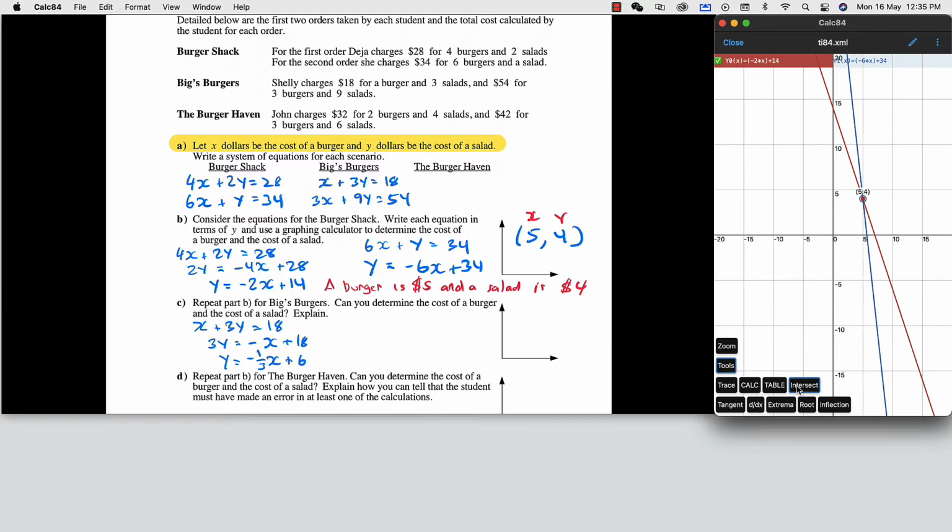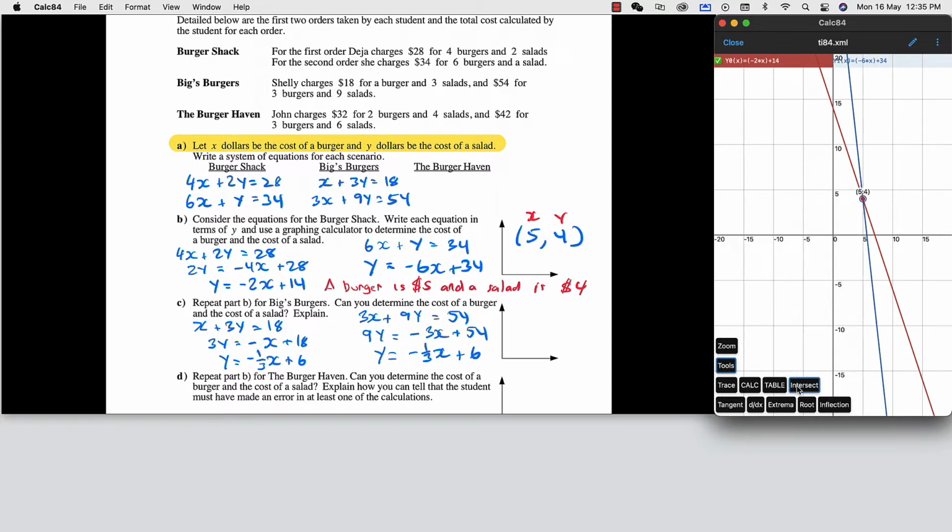Okay, and the second equation is 3x plus 9y equals 54. So I'll move the 3x over to the other side. I'm left with 9y equals negative 3x plus 54. Then I divide everything by 9, and we need to reduce down to its lowest terms there, and we're going to end up with y equals negative 1 over 3x plus 6.